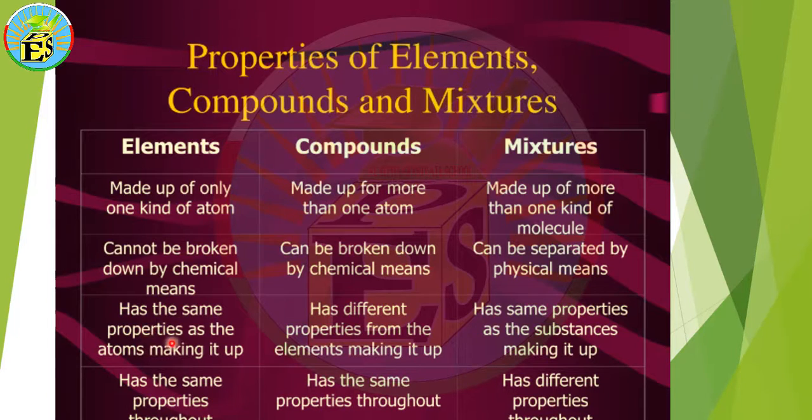An element has the same properties as the atoms making it up. A compound has different properties from the elements making it up. Mixtures have the same properties as the substances making them up. An element has the same properties throughout. A compound has the same properties throughout, and mixtures have different properties throughout.